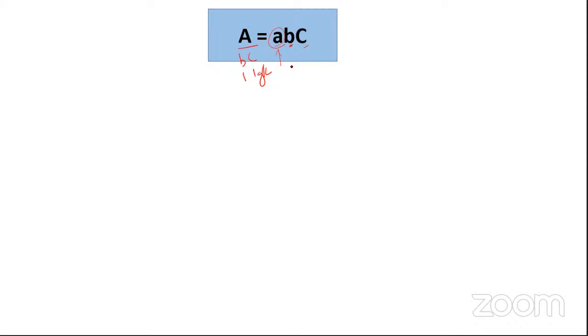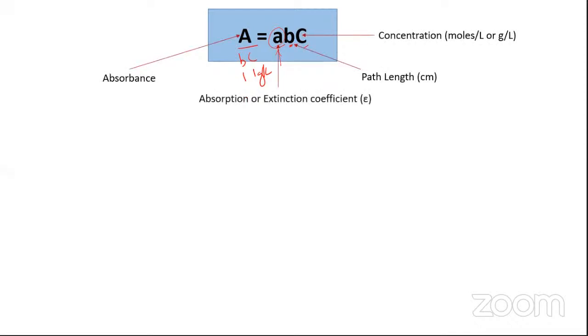Do you think this is an important term to understand anything about absorption or quantification analysis? Because we are nearing the end of the class, I can write it like this: the extinction coefficient is nothing but absorbance per unit concentration and path length.